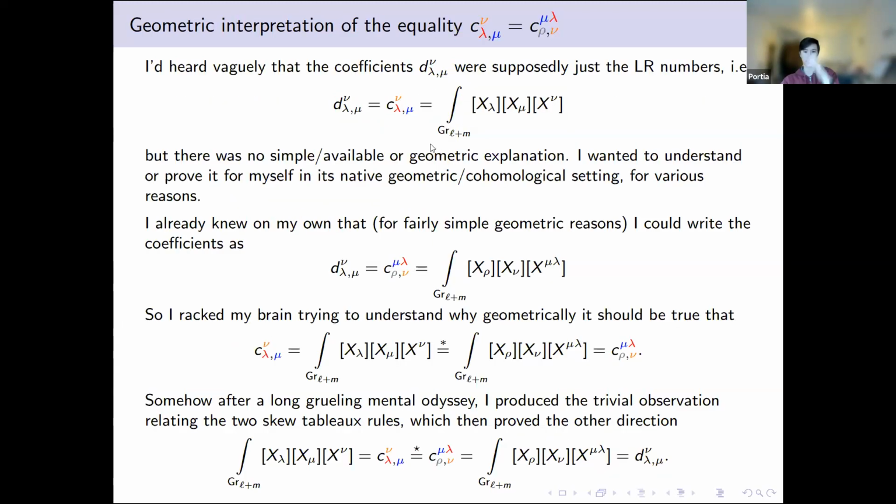The other thing was that the only reason I could do anything was that I had heard vaguely that they are just the Littlewood-Richardson numbers, actually. And there's a paper by Allen Knutson and Matthias Lederer that quotes this in the very beginning, but there's no explanation. It's maybe just known.